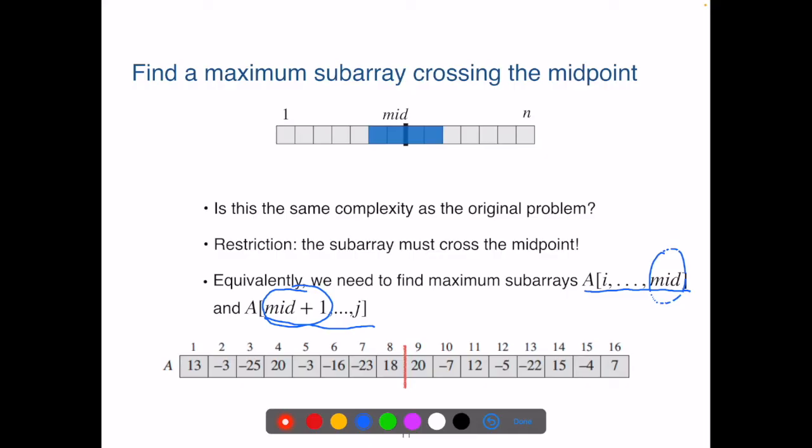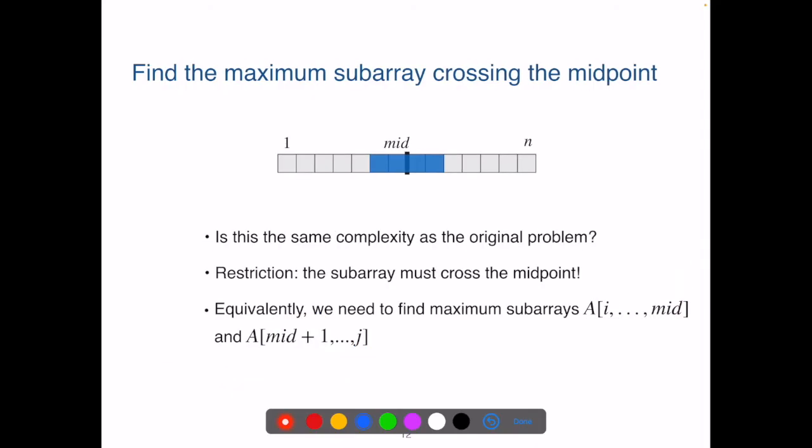We are now looking for 2 maximum subarrays, of which one end is fixed. We only need to do a sequential search to find this i and this j. The complexity of finding the maximum subarray crossing the midpoint is therefore only linear.